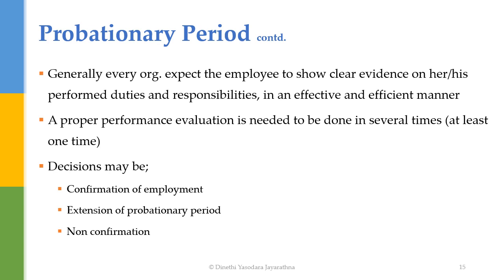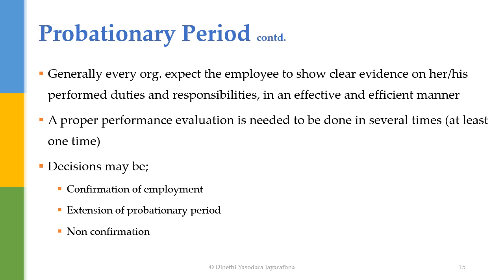Okay? So in this probationary period, the companies, government organizations and especially private organizations, at least one time do a performance evaluation and check whether this employee performed the duties and responsibilities in an appropriate manner. They evaluate whether the employee is performing properly during the probationary period.